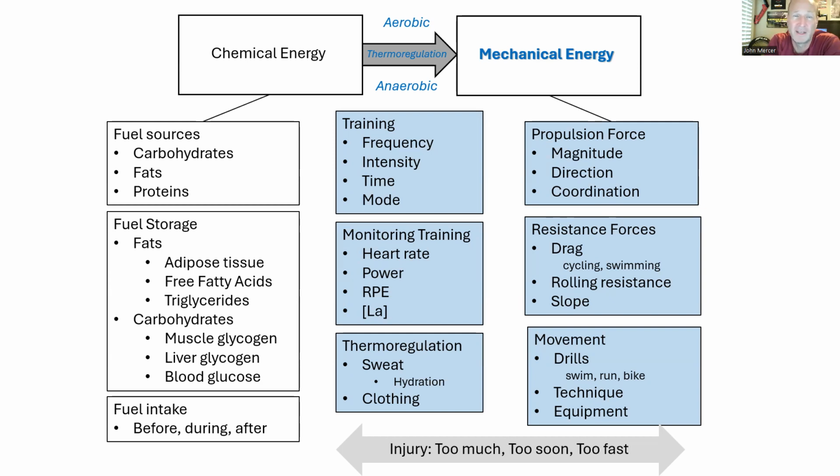Cd and A combined represent the shape and characteristics of the object, and the frontal area of the object being moved through the fluid, which will increase or ultimately decrease our drag resistance force. And then v is the velocity of the fluid moving over the object. So you should know those elements very well for the final exam.